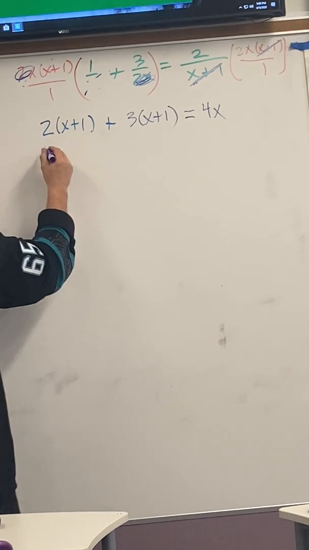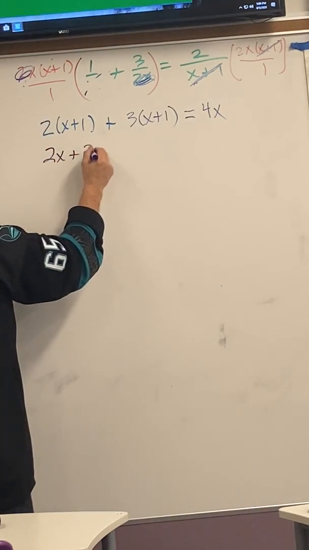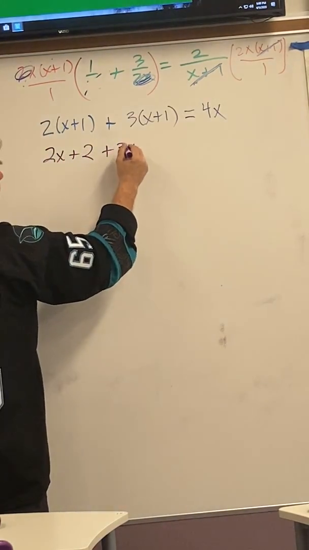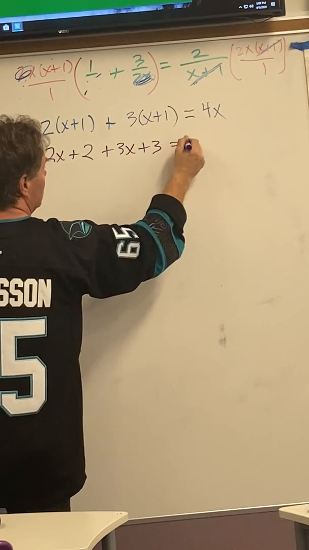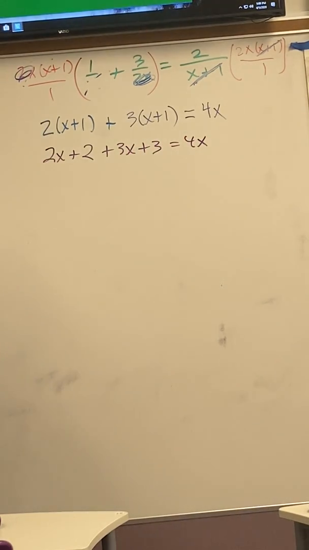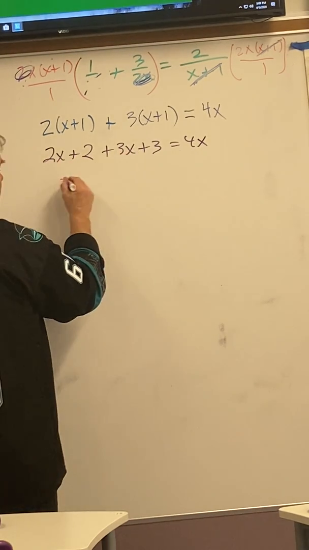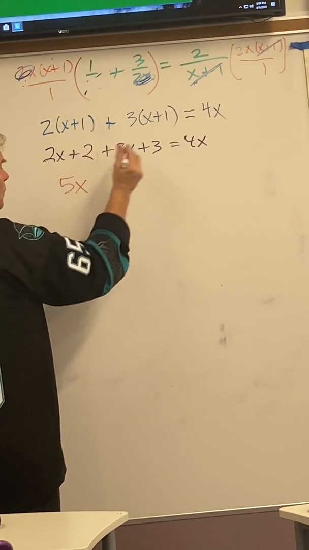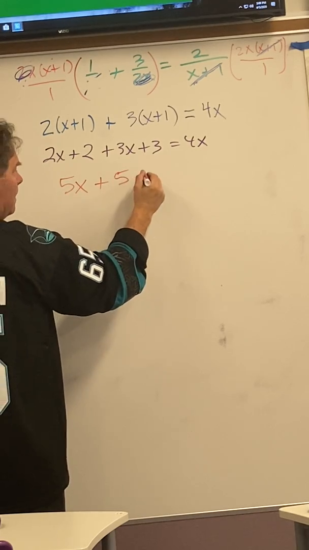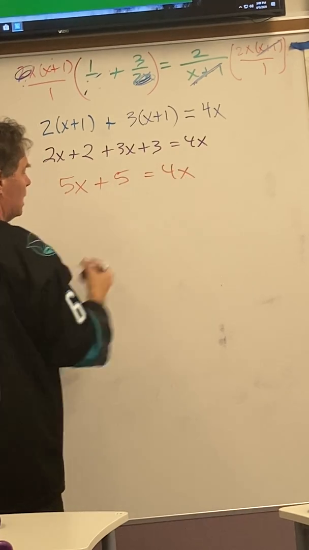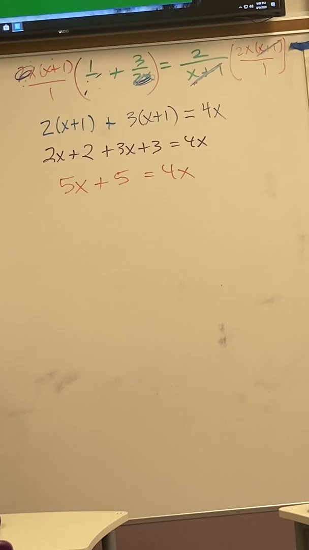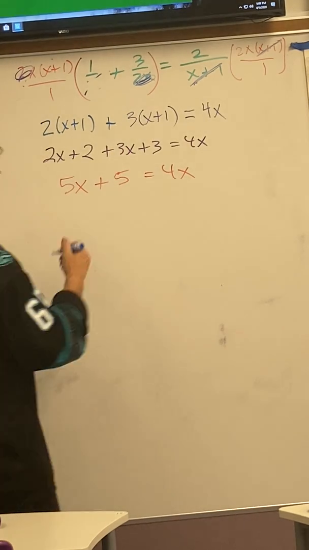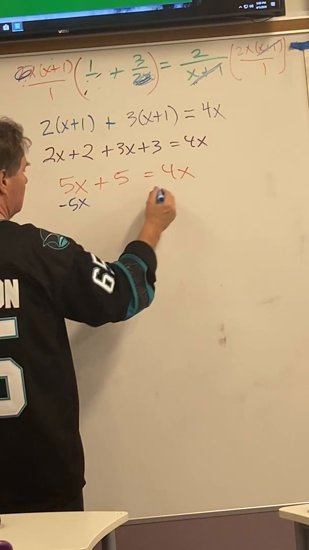So now, distribute this. 2x plus 2 plus 3x plus 3 equals 4x. Now I'm going to simplify this side. 2x and 3x is 5x. 2 plus 3 is 5, equals 4x. I want to solve for x, so I'm going to move the x over by subtracting 5x from both sides.